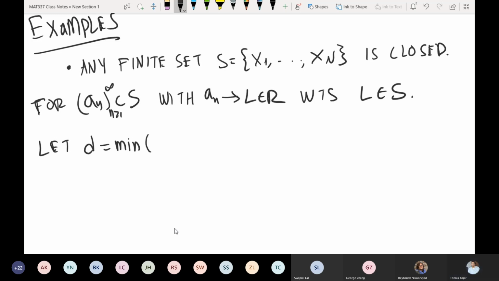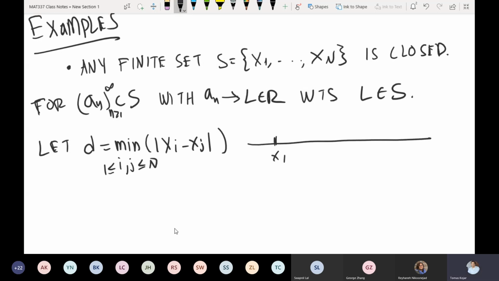So the picture is x1, x2, x3, x4, and so on to xn. And we're looking for the minimum distance.